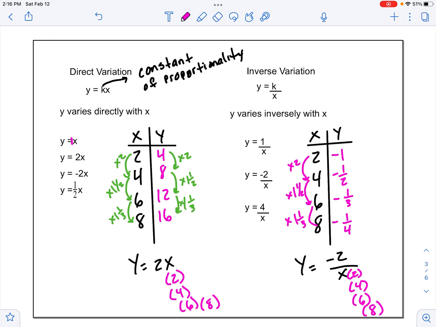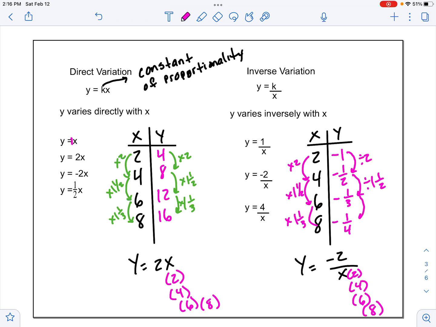So let's look over here. To get from -1 to -1/2, I actually had to divide by 2. And if you wanted to take your calculator out, you could see that to get to -1/3, I'd actually have to divide by 1 and 1/2.